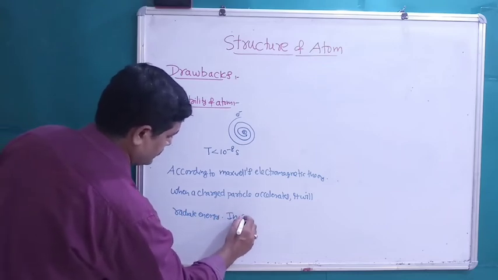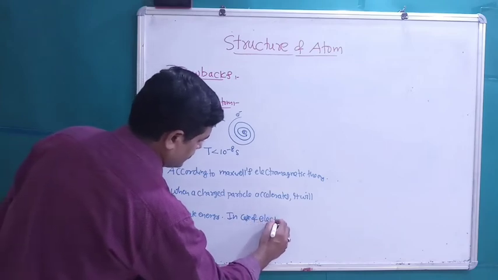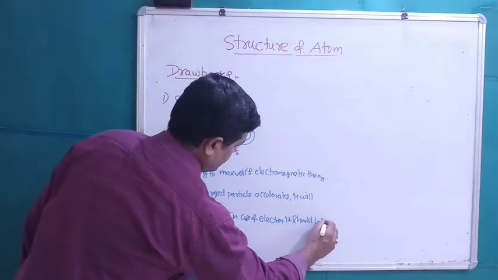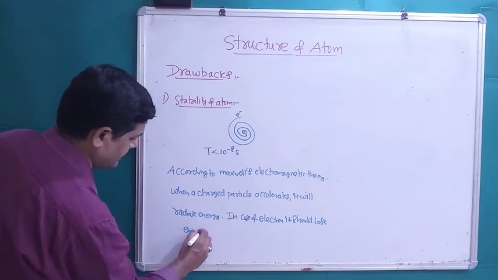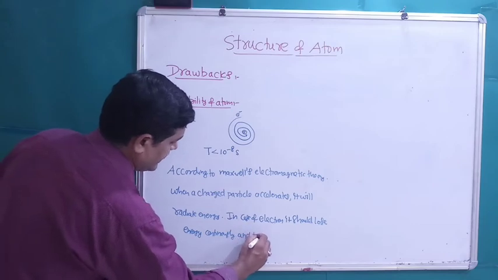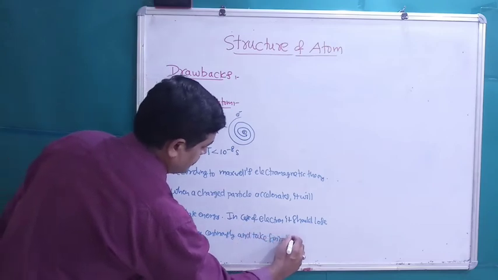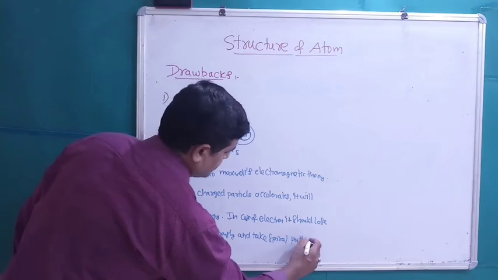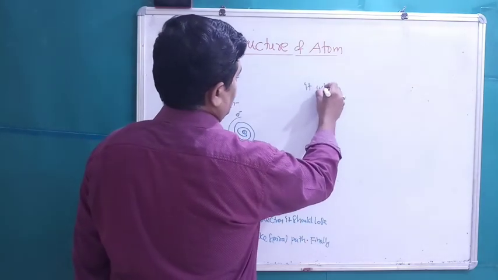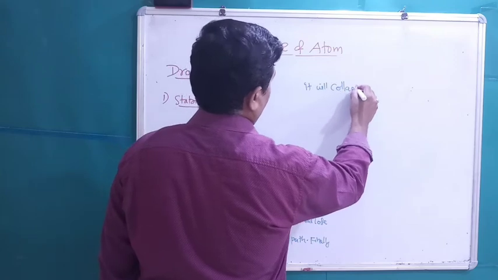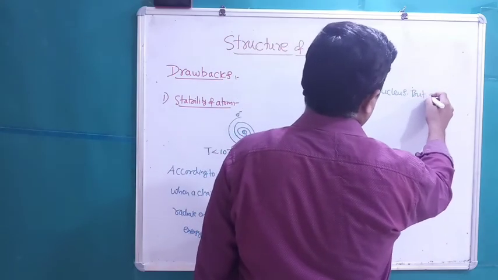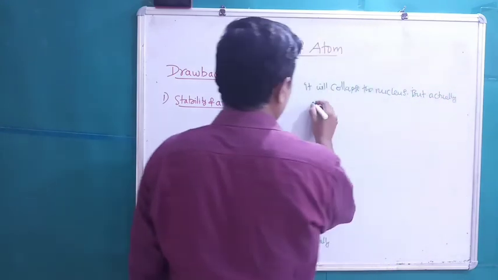In case of electron, it should lose energy continuously and take a spiral path, finally it will collapse into the nucleus. But actually this is not happening.